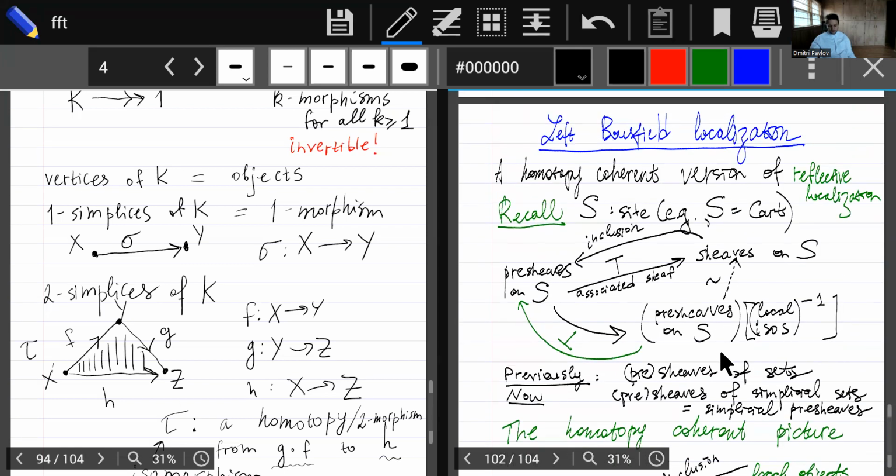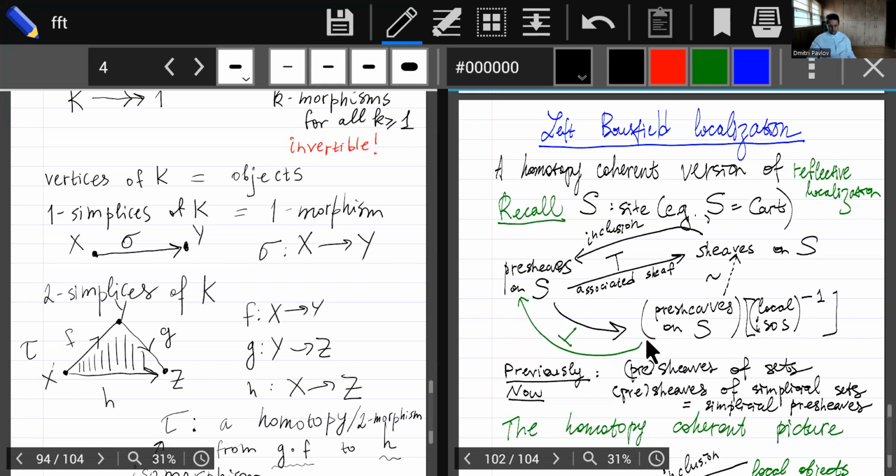So let me recall very briefly how sheaves work in the traditional setting of sheaves of sets, and what exactly is going to change when we switch to the homotopy coherent setting.